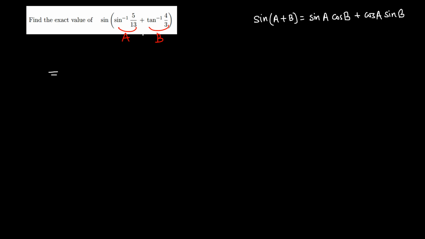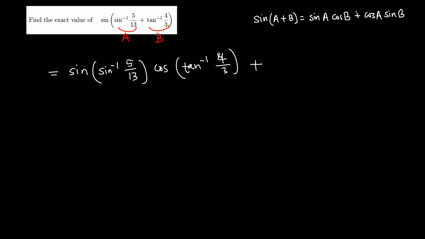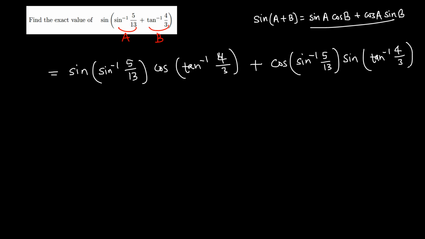Sine A is sine inverse 5 over 13, sine A; cosine B is tangent inverse of 4 over 3, plus, so we are here in this formula, plus cosine A is sine inverse 5 over 13, cosine A; sine B is tangent inverse of 4 over 3.